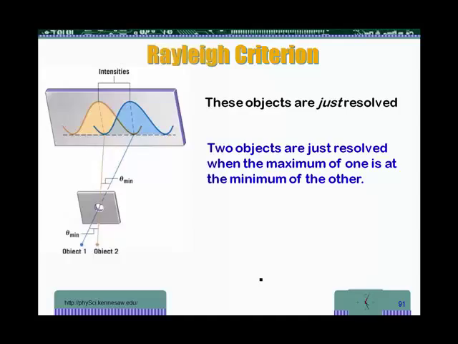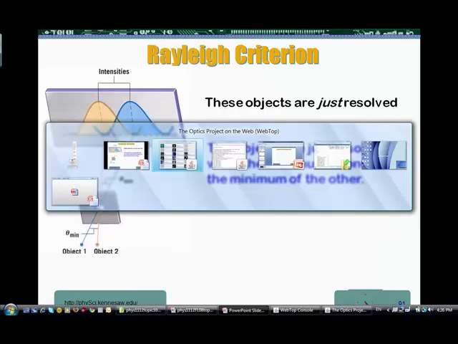Now, the criterion for resolving two different light sources is when the first minimum of one will coincide with the central maximum of the other one.